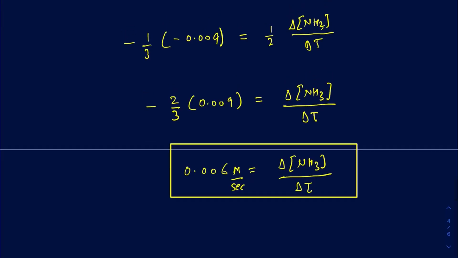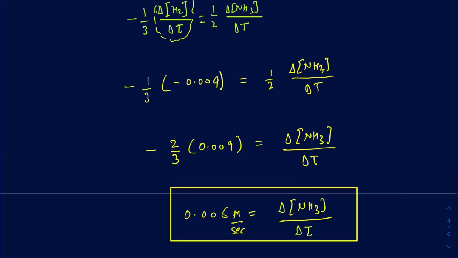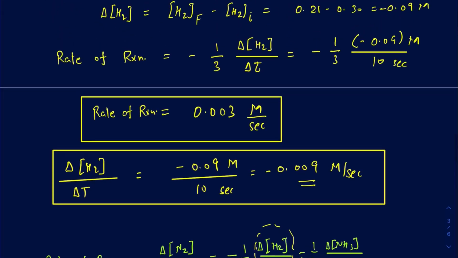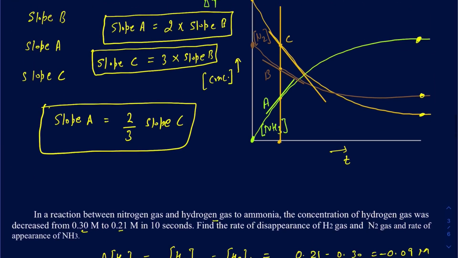So does this look familiar right there? If I focus on 2 over 3 times the rate of H2. Well, if I go back to that equation or the graph that we just wrote out earlier, remember the slope of A, which A was technically the NH3, was going to be equal to 2/3 of the slope of C, and the slope of C was the change in the concentration of H2 basically.